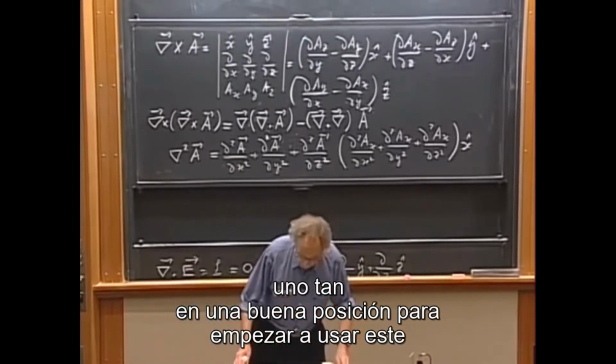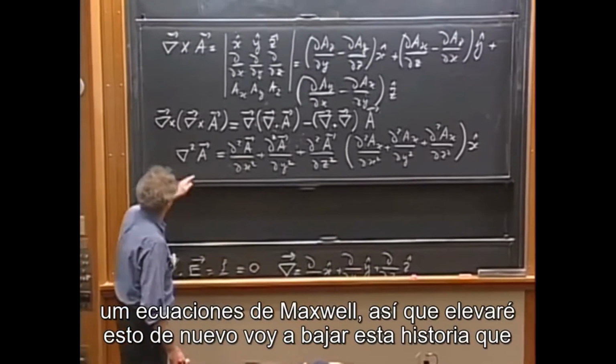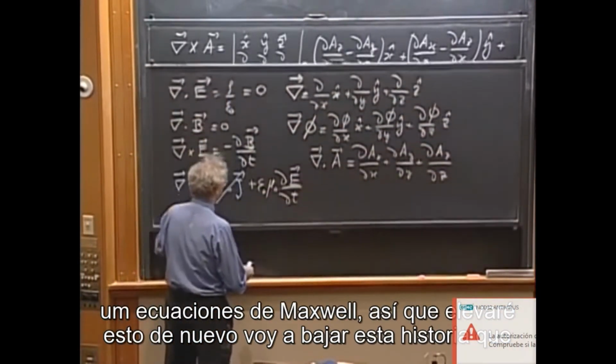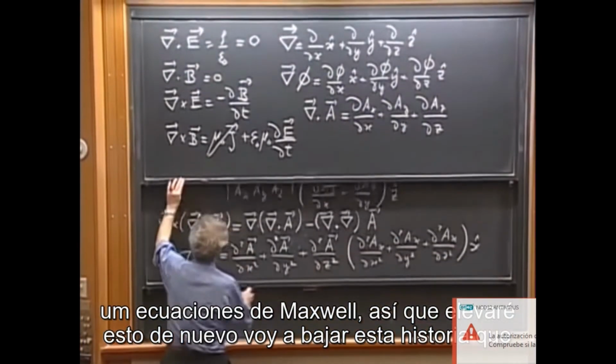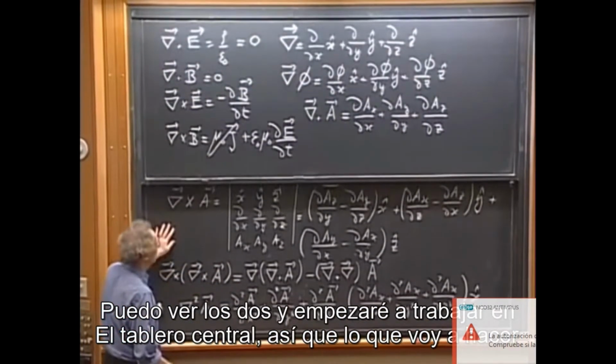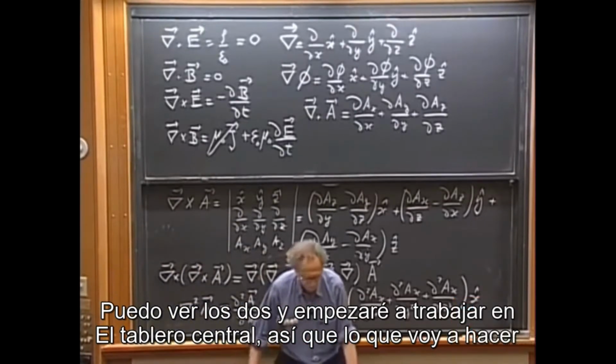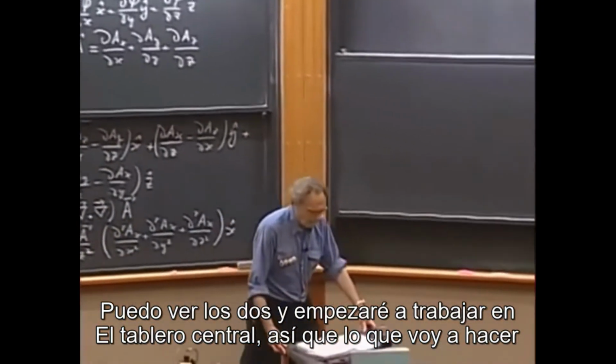So now we are in a good position to start to use this on Maxwell's equations. So I will raise this again, and I will lower this so that you can see both, and I will start working on the center board.